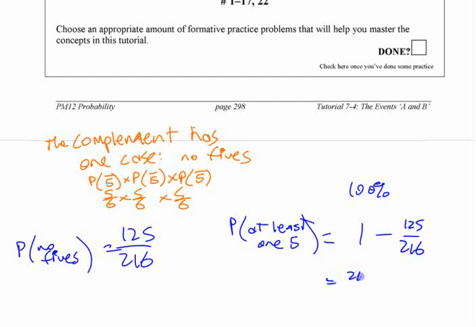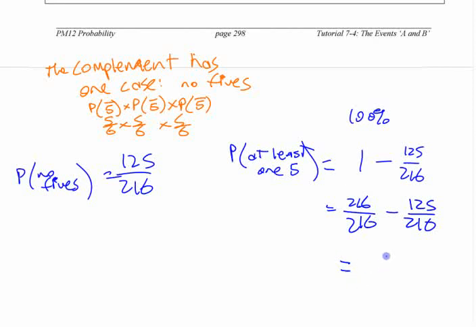Or in other words, 216 out of 216 minus 125. That's going to leave you with the leftovers here. That's 91 out of 216. You should understand how you can use the complement. No one's saying you have to use the complement, but that's part of the reason I put that question in there, for you to realize that sometimes it's easier to find this.